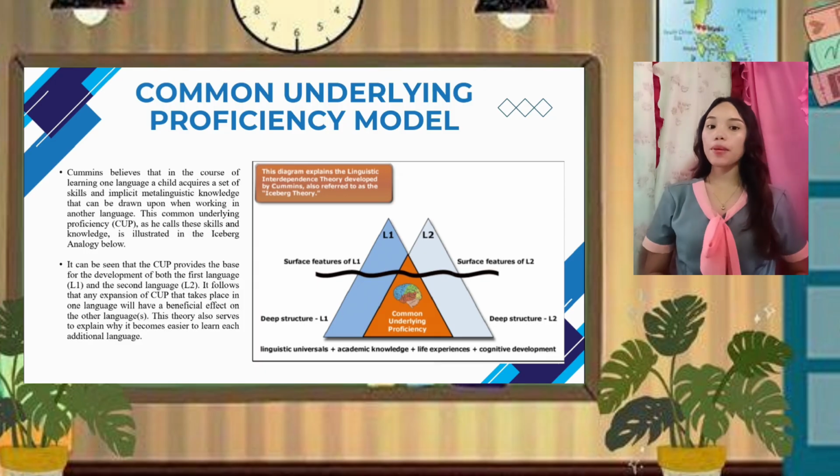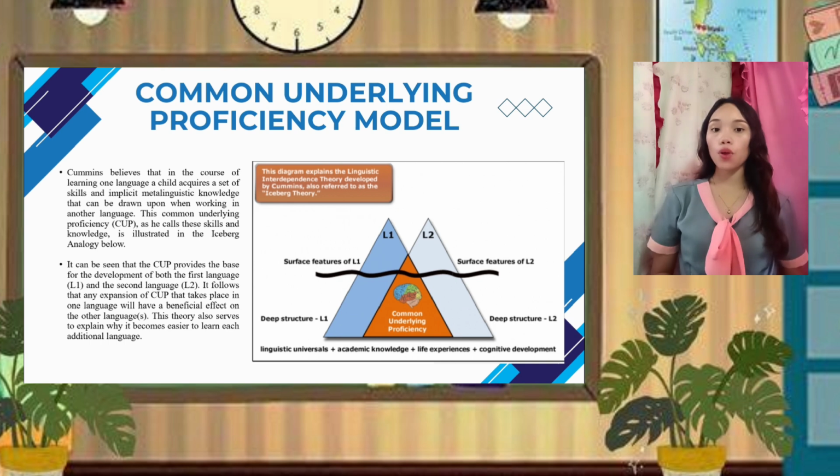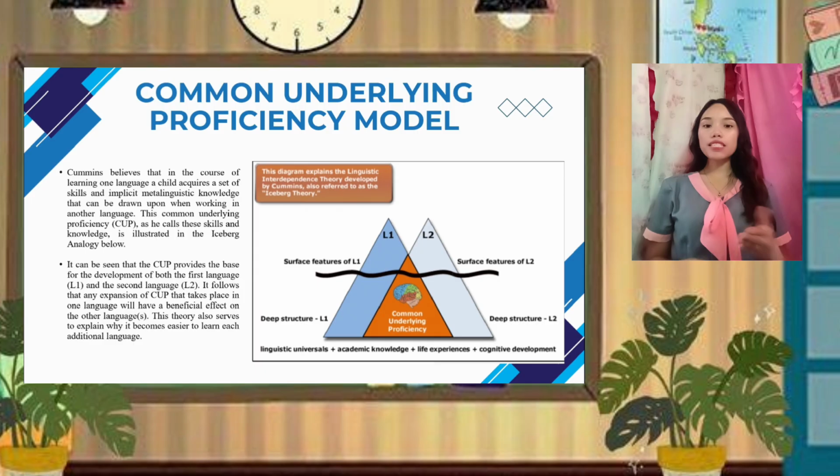Based on the picture presented, this diagram explains the linguistic interdependence theory developed by Jim Cummins, also referred to as the iceberg theory. It can be seen that the common underlying proficiency or CUP provides the base for the development of both the first language or L1 and the second language L2.